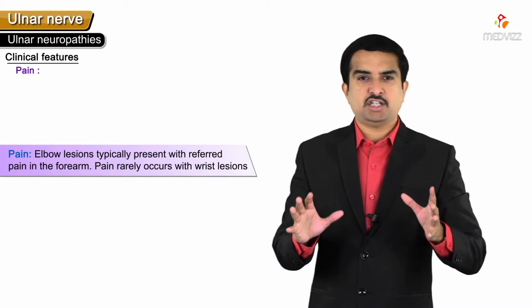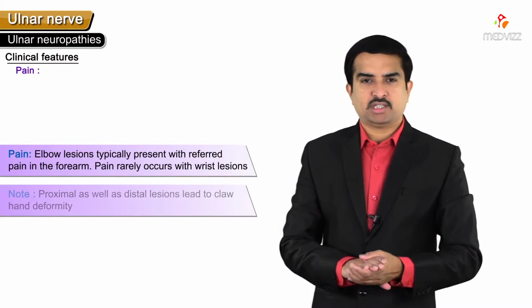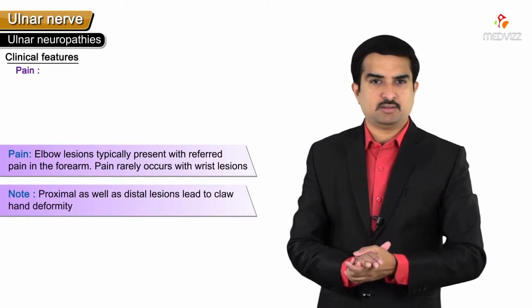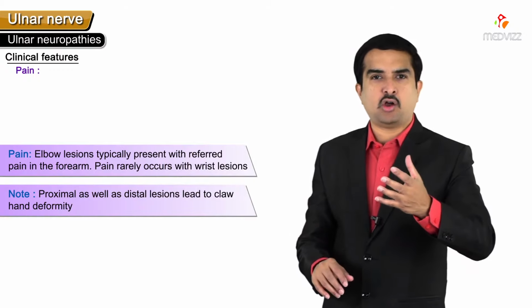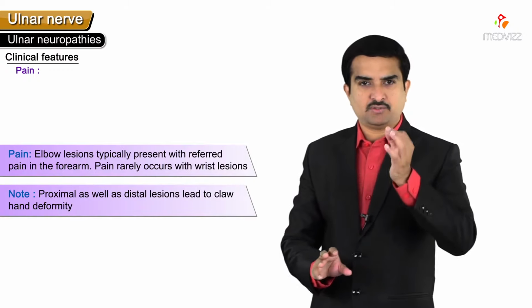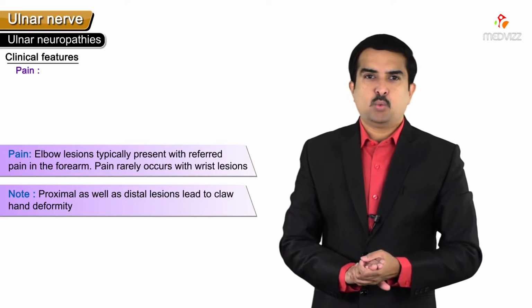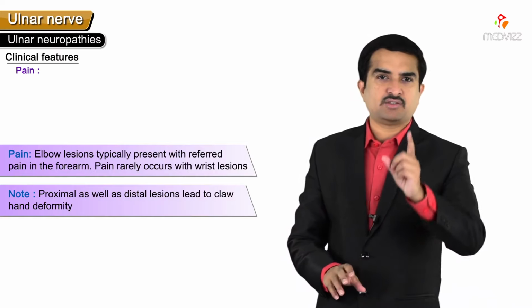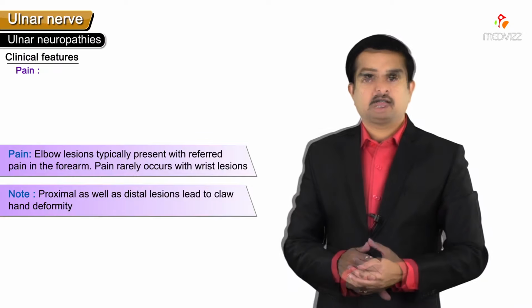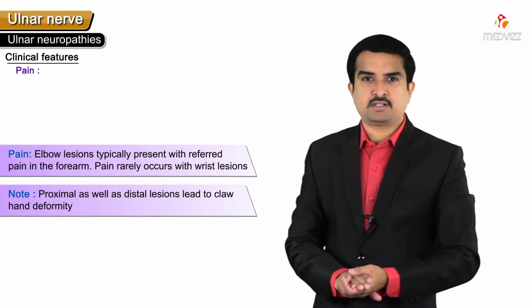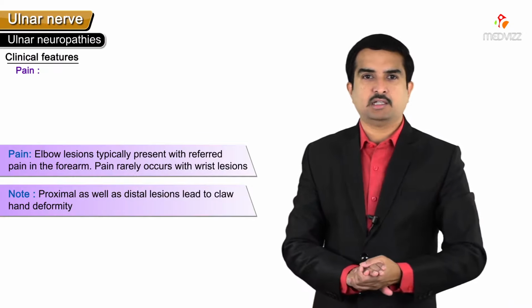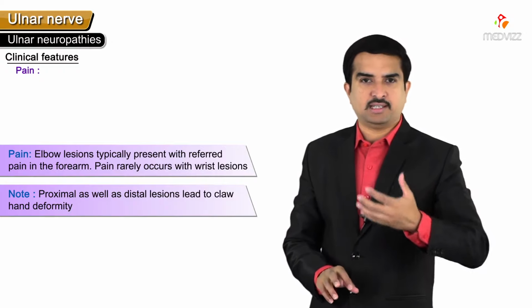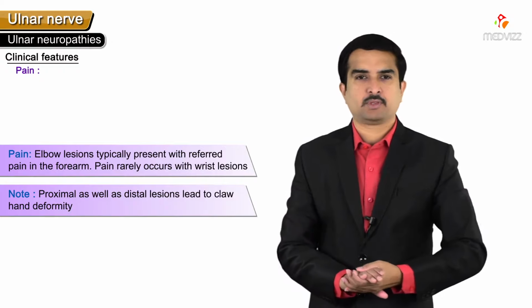Overall, whether it is a proximal or a distal lesion, both can lead to a claw hand deformity. What we need to remember is that whatever the level of injury, we can see ulnar claw hand. The degree of clawing may be different, but we can see the ulnar claw hand if there is a lesion at the elbow or at the wrist.